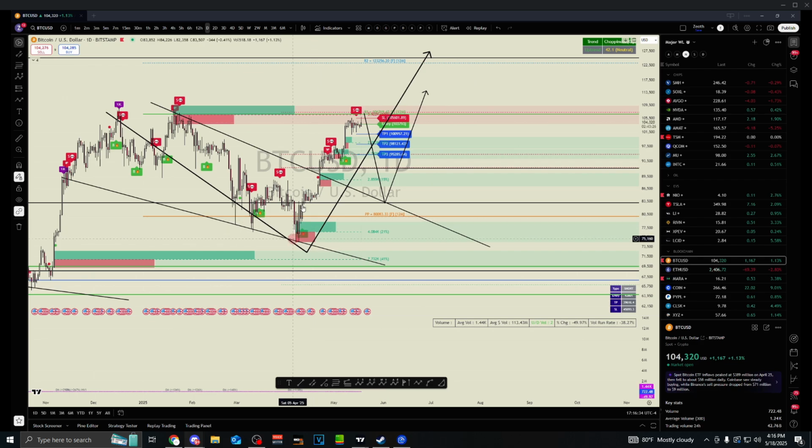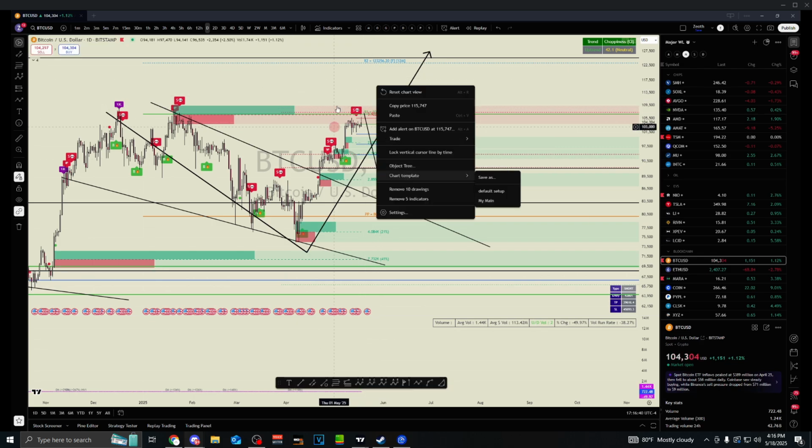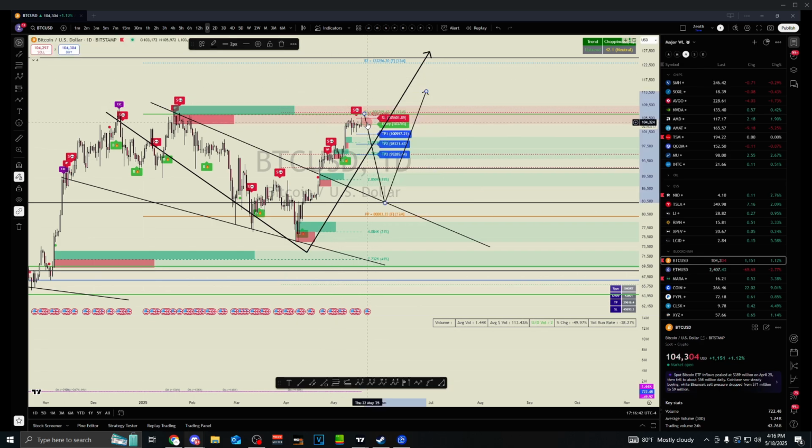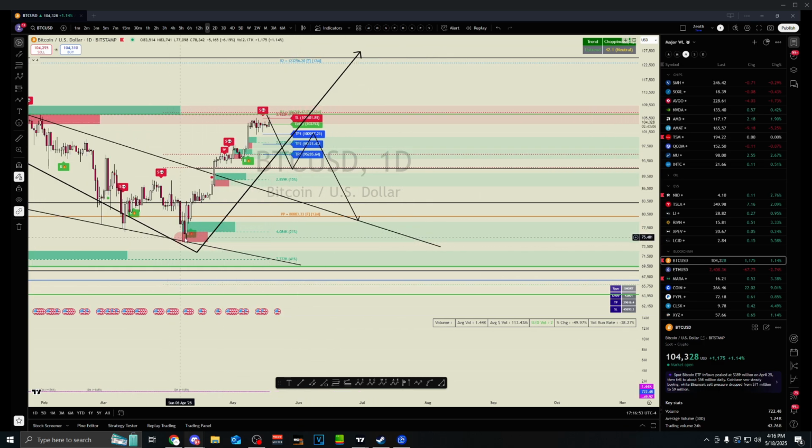So if you could clearly see one, two, three, four, five, I could clearly count five waves on it. So there's a high chance that we're gonna get a three wave down. So if we do that, it's gonna be like this: one, two, and three. If you guys can understand what I'm saying, right? So here, let me do this.